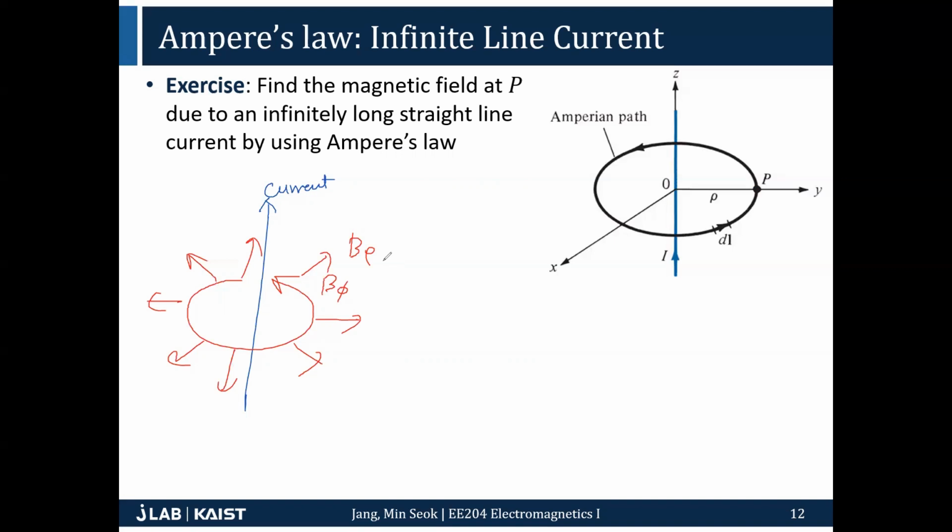We actually asked the same thing for electrostatics, right? And in that case, we concluded that only the E rho component is possible and E phi is impossible. But what about in this case? How can we argue that B rho is impossible?